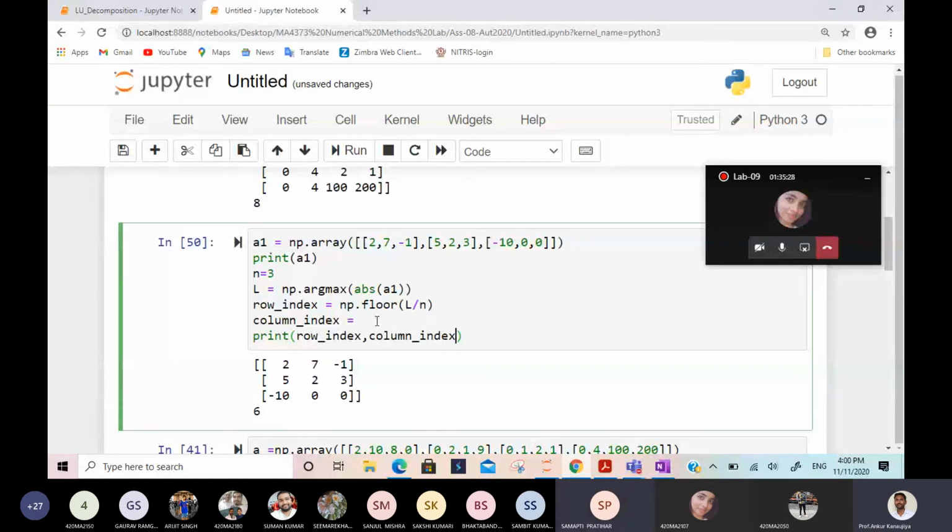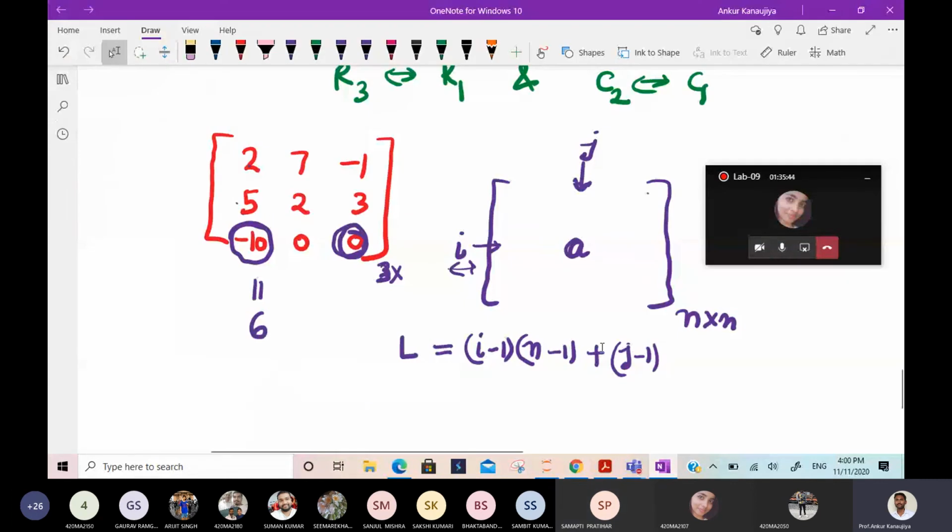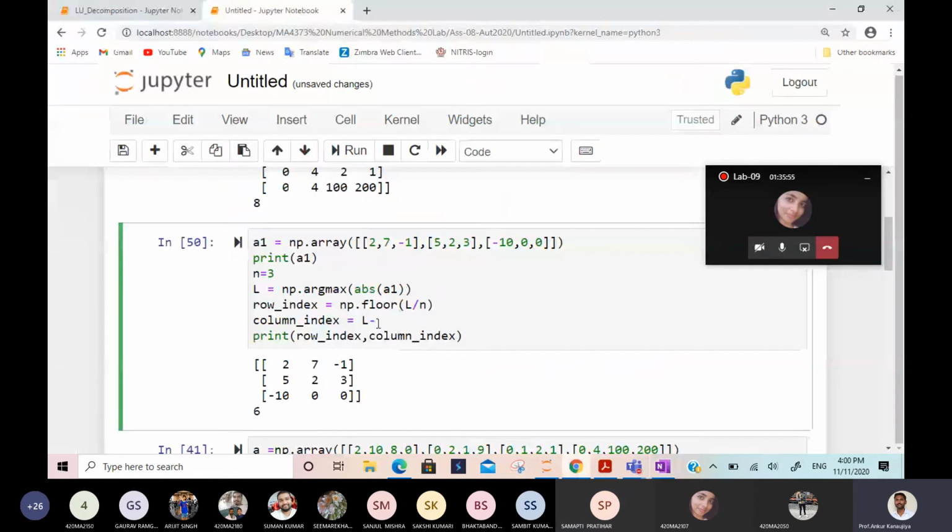Just tell me what to write for the column. The column index will be L minus this, j. This is j; here ai minus 1 is written, and if you write one more it is aij. So j will be L minus i times n, that means row index into n.